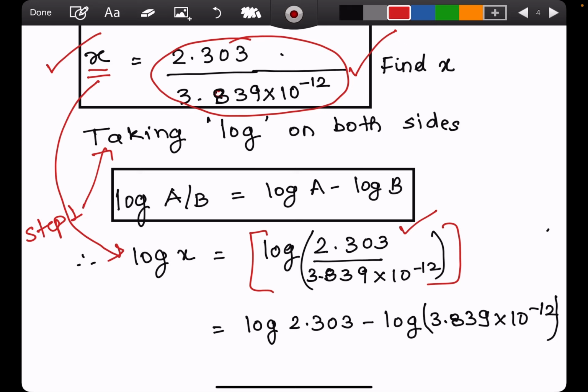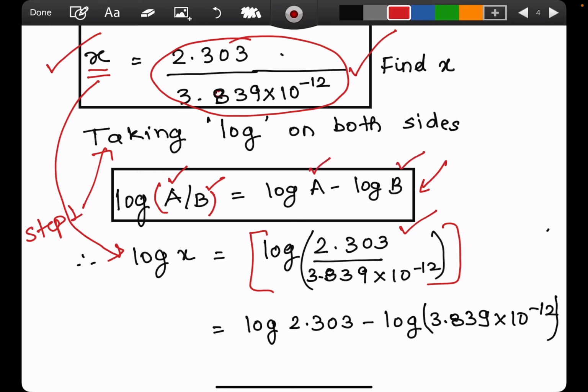The other useful information you must have is what is log of numerator upon denominator. Suppose numerator term is a and denominator term is b, that is a clear case of division. In that case the expansion of this is log of a minus log of b.